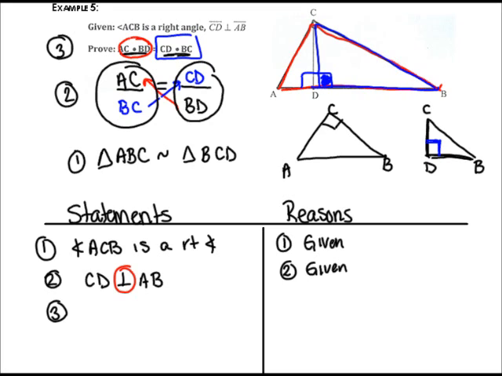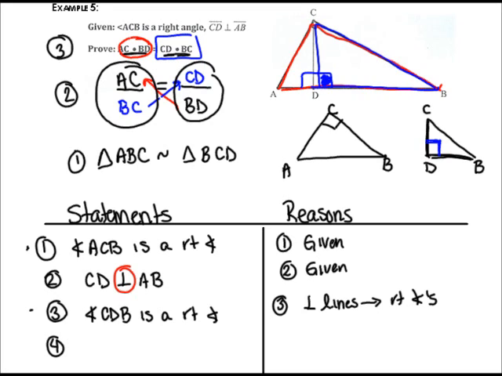So I can say in my next step that angle CDB is a right angle, and the reason is perpendicular lines imply right angles. Well, now that I have these two right angles, we can say angle ACB is in fact congruent to angle CDB because all right angles are congruent.